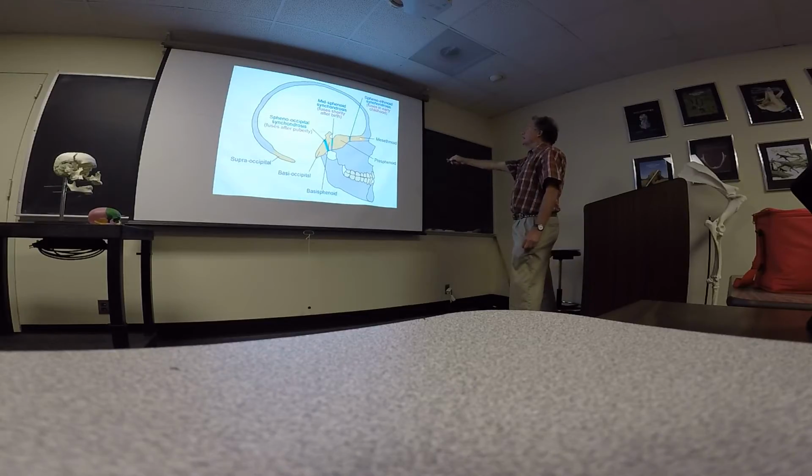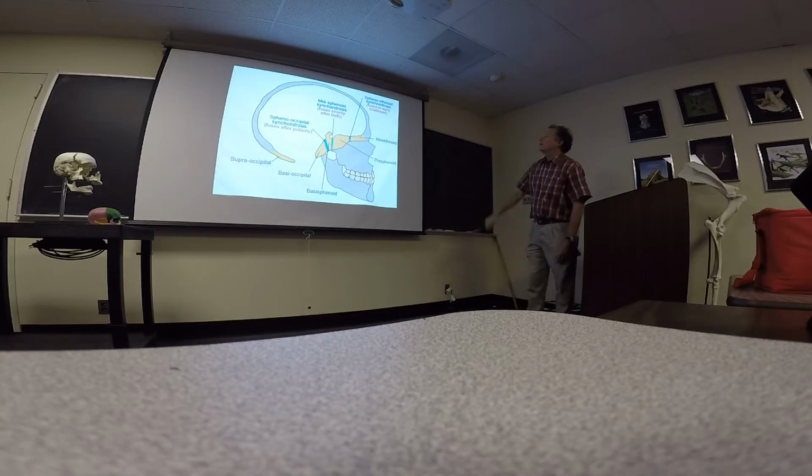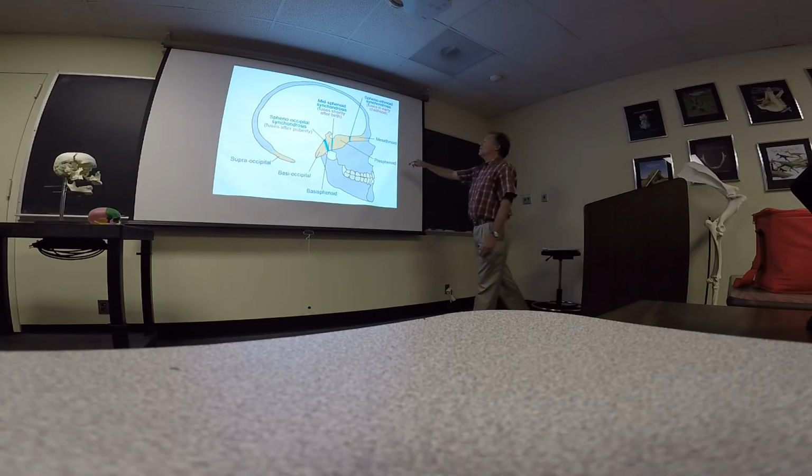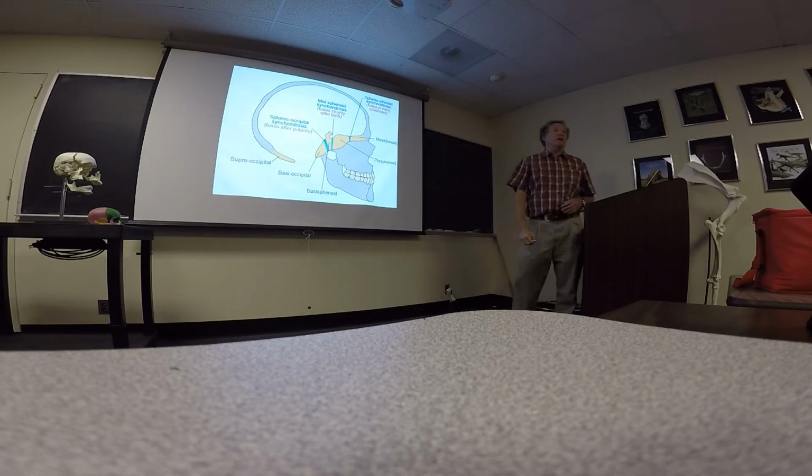The connection up here between what's going to be your ethmoid and the sphenoid back here takes place even later in early childhood. So these different cartilaginous area precursors form bones, but the different formations come together at very different times during the course of development.